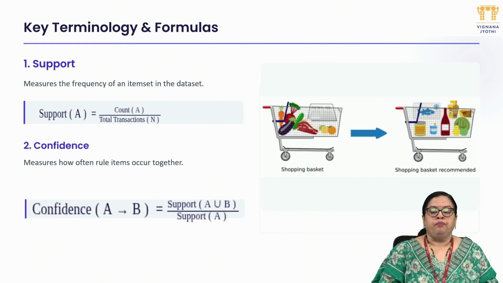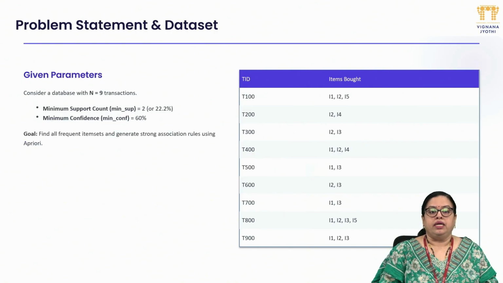What does it mean? Let me give an example and explain all the details. Here the transactions are T100 to T900. In transaction T100 there are three items: I1, I2, I5.